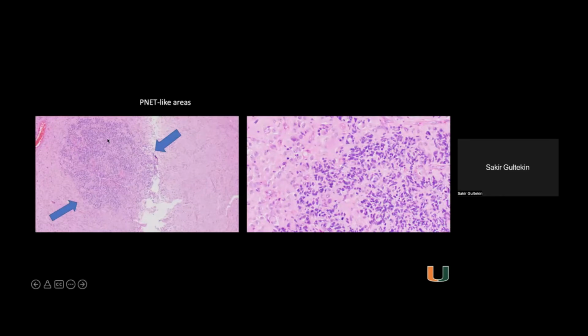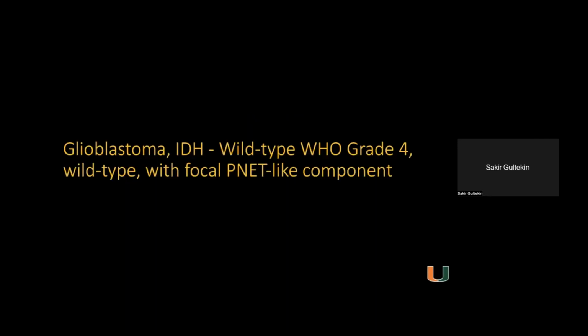On high power on the right, you can see that this is a little different from what I showed you first in the first slide, in that these cells have darker nuclei. They have more primitive, almost PNET-like, primitive neuroectodermal tumor-like differentiation, rather than immediately being recognizable as glial cells. So this is a variant of glioblastoma.